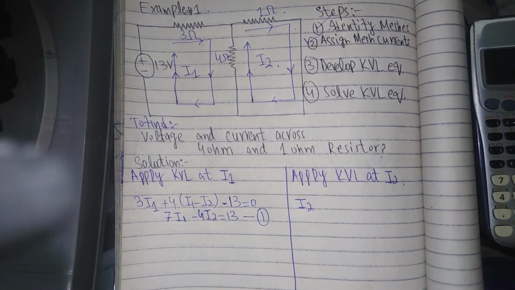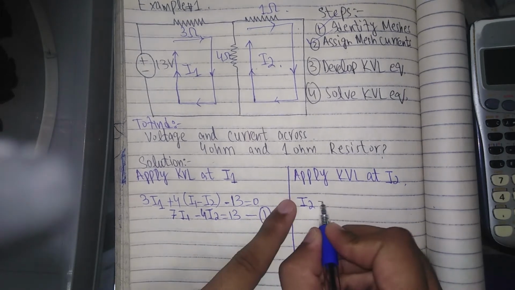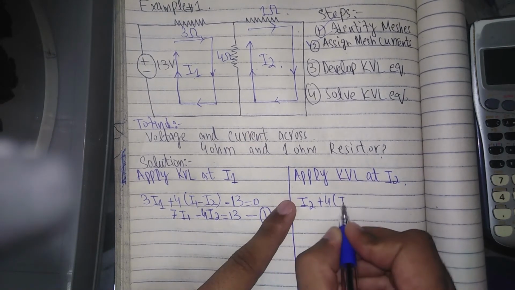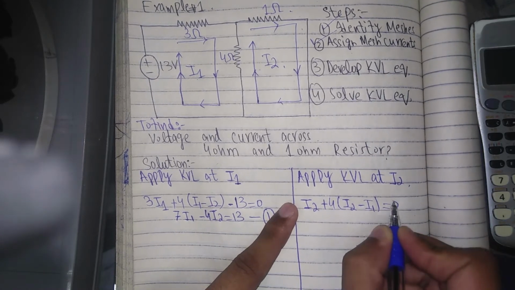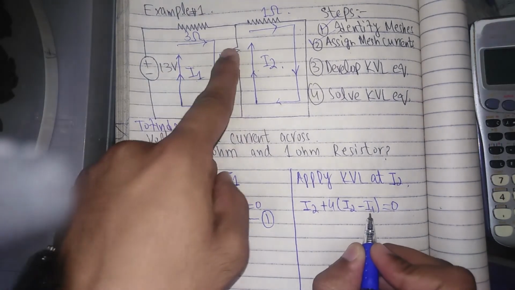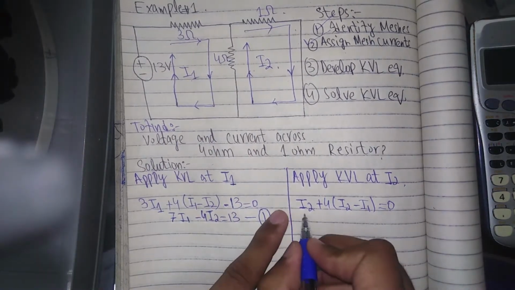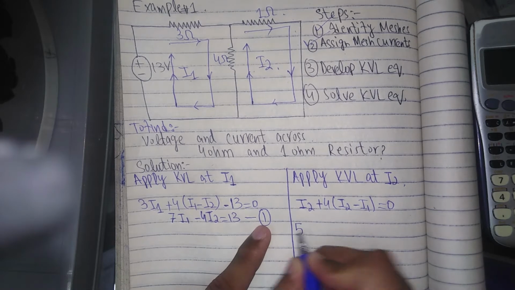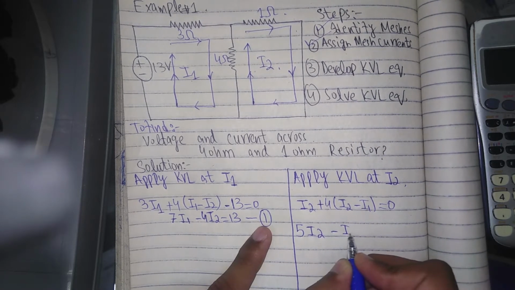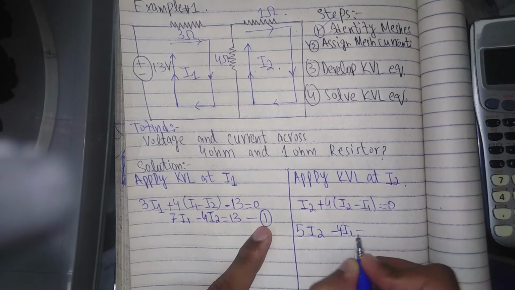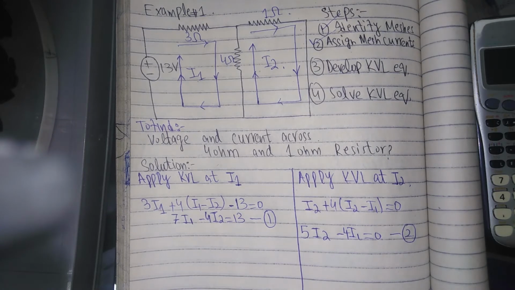Currently we are in loop I2, so we write plus 4 into (I2 minus I1) equals 0. Minus because it is in the opposite direction as compared to I2. So we simplify that equation. It becomes 5I2 minus 4I1 equals 0. It is our equation number 2.